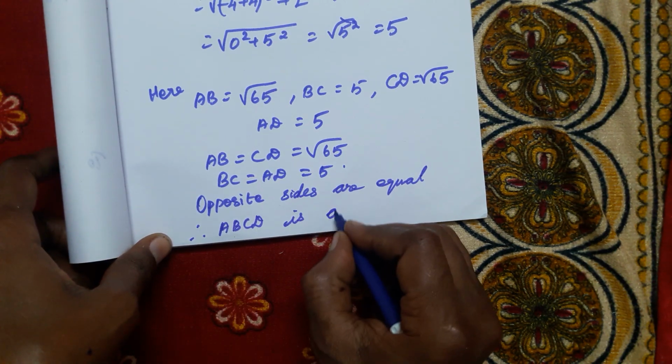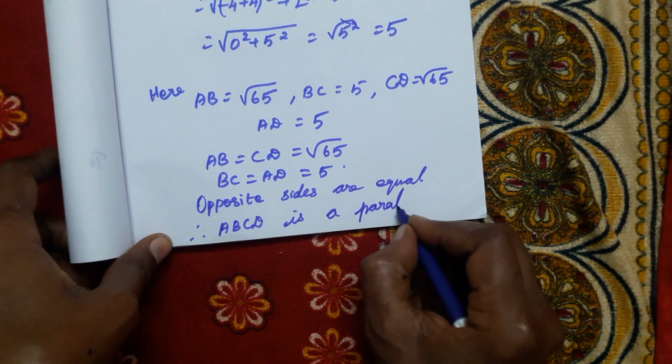Hence, ABCD is a parallelogram. Any doubt?